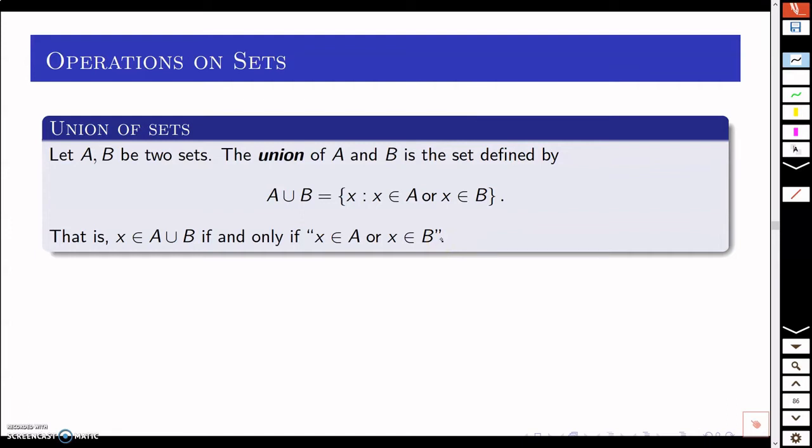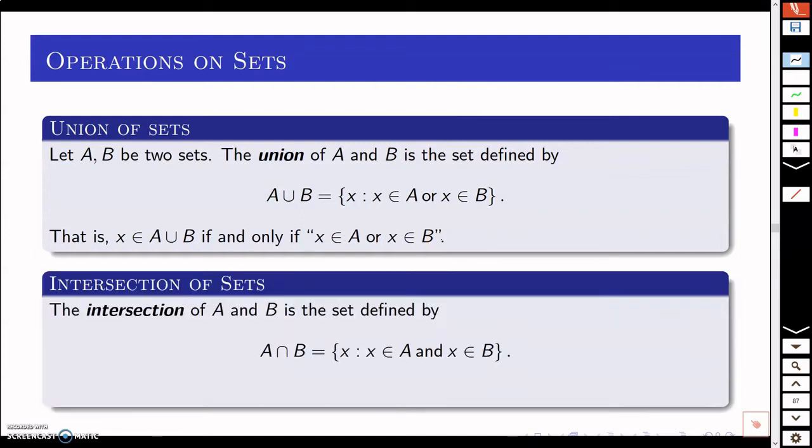The second operation on sets is the intersection of two sets. The intersection of the sets A and B is a set defined by this. I will collect all those elements which are there in both A as well as B. So the set of all X such that X belongs to A and X belongs to B. This set is called the intersection of these two sets.